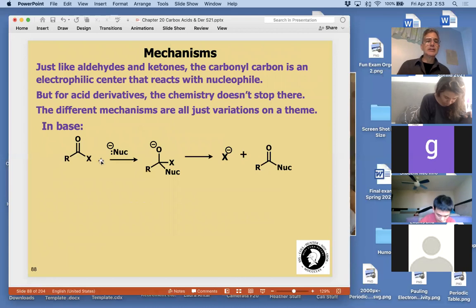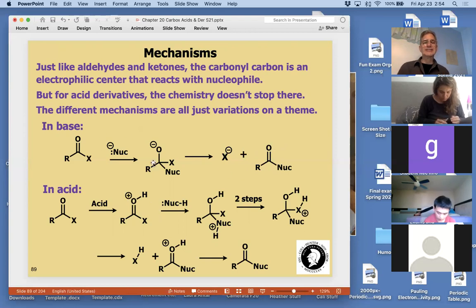If this were an aldehyde or ketone, the nucleophiles add, you're done. For carboxylic acids and the derivatives, a nucleophile adds, and then the X group often leaves. Okay, so you take one carboxylic acid derivative and you usually make a new carboxylic acid derivative out of it. So they're interconverted in various ways.